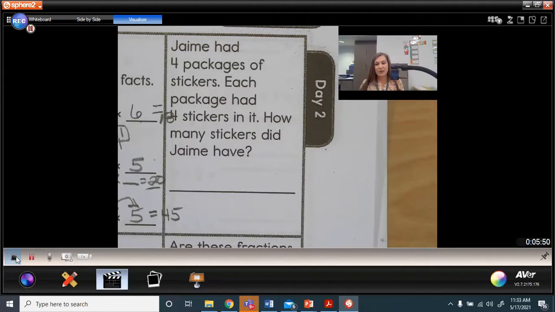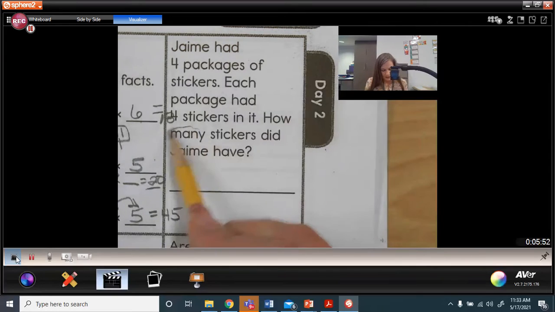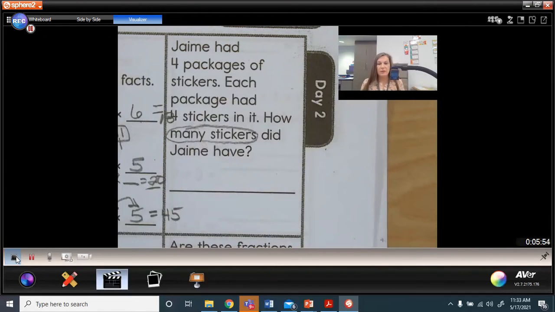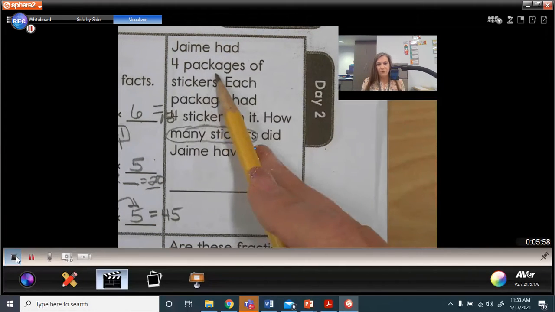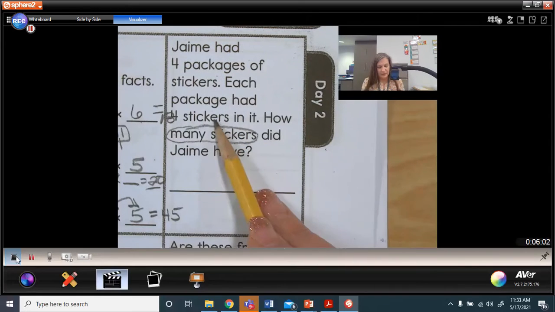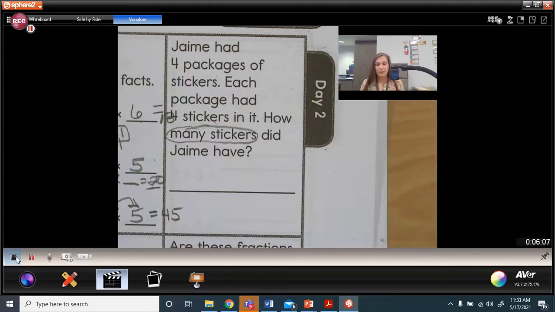How many stickers did Jamie have? Well, if I have 4 packages or packs, and each pack contains 4 stickers, this sounds like what kind of problem? Yeah, multiplication, right?